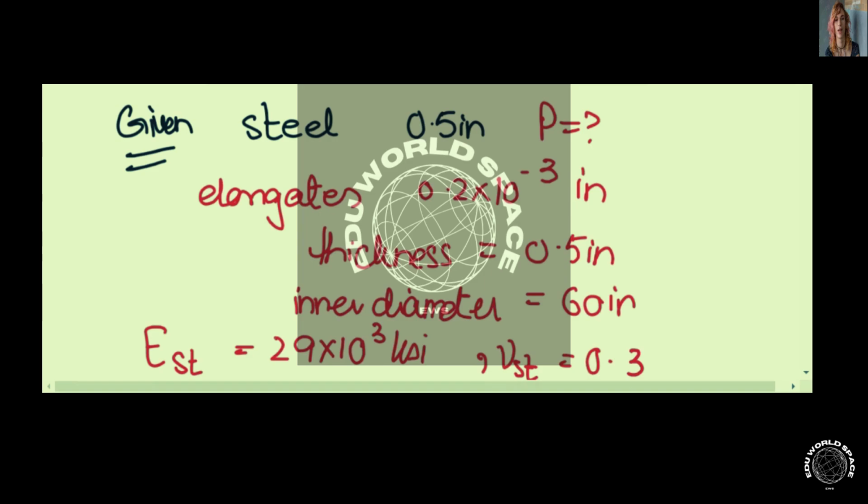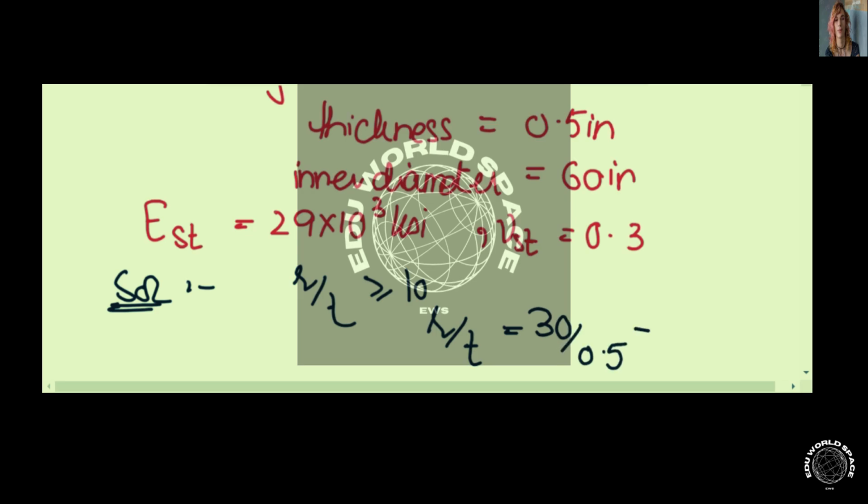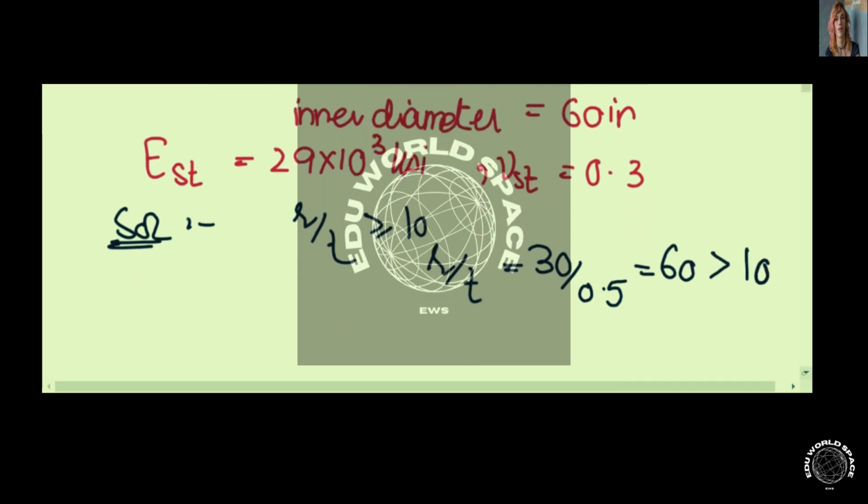Now what we're going to do is recall our previous knowledge of chapter number 8. In order to use equations from chapter number 8, the ratio of the radius to the thickness must be greater than or equal to 10. So let's check that first. In our case, the ratio is 30 divided by 0.5, and that is equal to 60, which is clearly greater than 10.